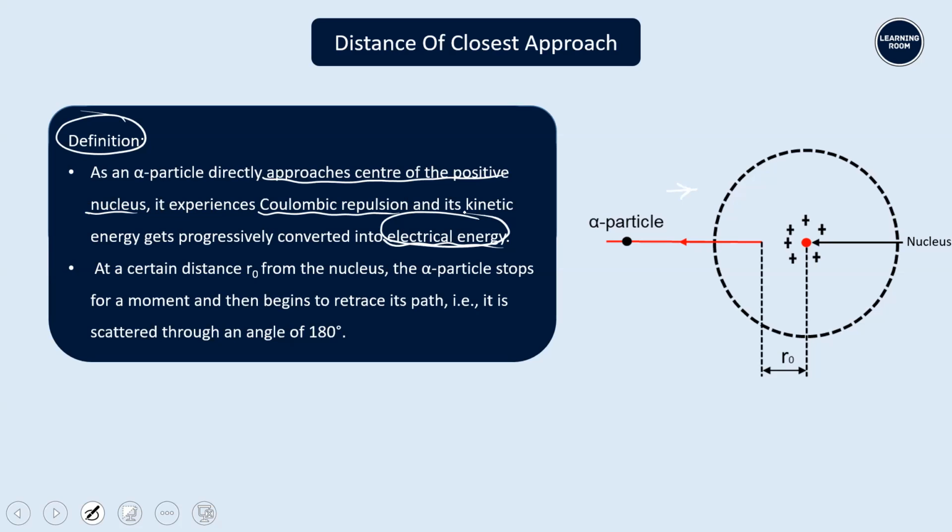So what happens due to this? At a certain distance R naught from the nucleus, the alpha particle stops for a moment and then begins to retrace its path. Where you can say that the scattering has taken place through an angle of 180 degrees.